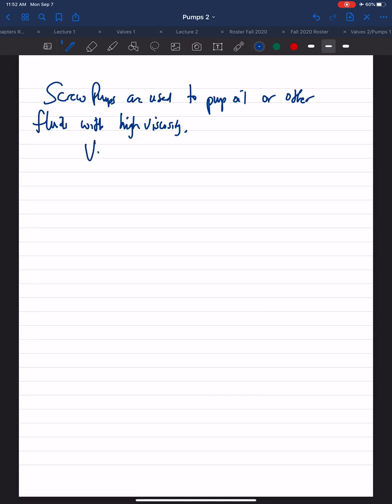And we know viscosity is defined as the measure of the resistance of a fluid to flow, as in, syrup is more viscous than, say, water.